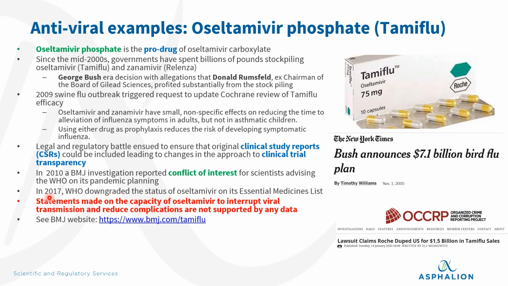Since then, WHO has downgraded this product, and basically it's not on the essential medicines list at all, because they say it doesn't work and its effects have been exaggerated, even if it does have a modest effect in some situations. So if you're interested in that story, I recommend having a look at the BMJ website, where they have quite a lot of information, because they were the ones leading that investigation. And those who have read the book Bad Pharma will also remember that story.